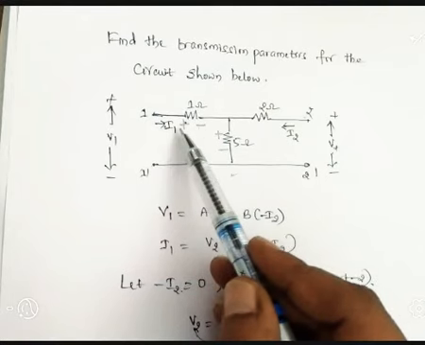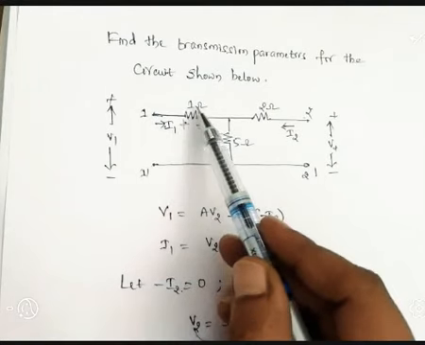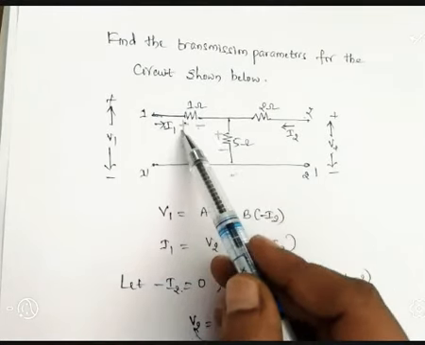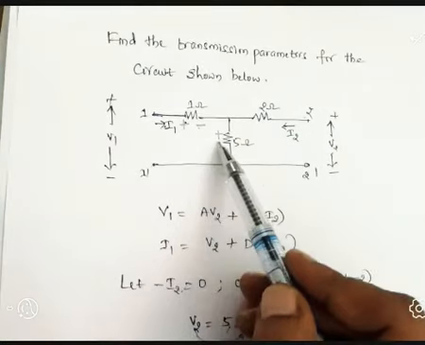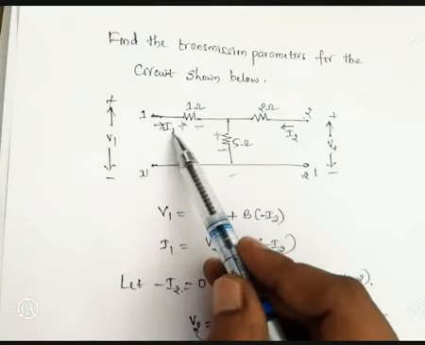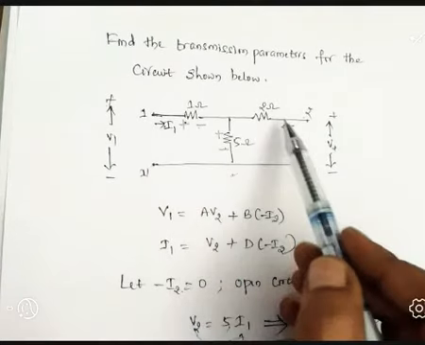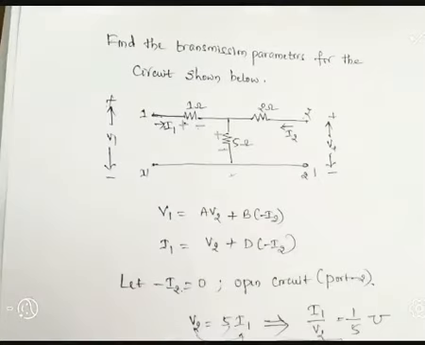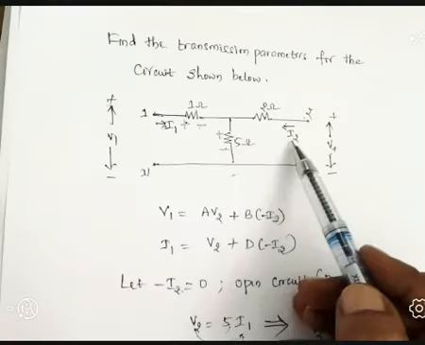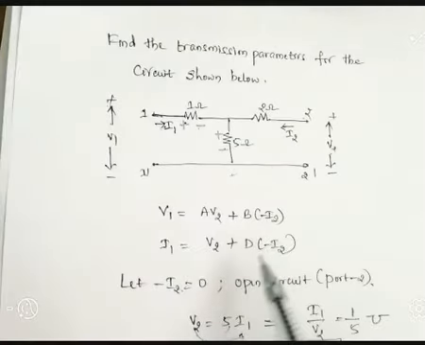So minus I1, and minus 5 I1 plus V1 equal to 0, because current I2 is 0. You can ask the question, sir, whether current I2 is flowing through this branch. No, because we made I2 equal to 0.